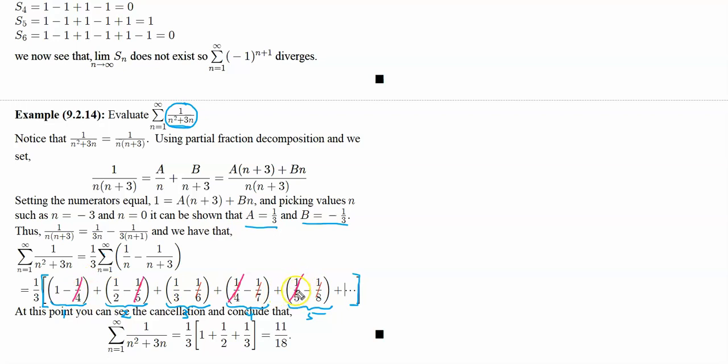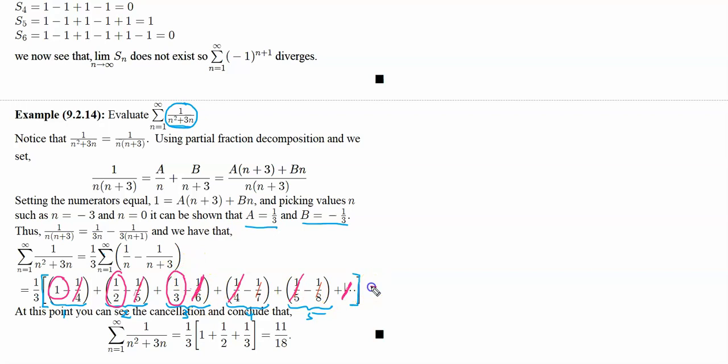And then the 1/5 canceled with this one. Now the next term would have a 1/6 that would cancel with one that's occurring over here in the dots, and so on. So you see what we have left over is the 1, the 1/2, and the 1/3. And that's what this series is going to sum to.